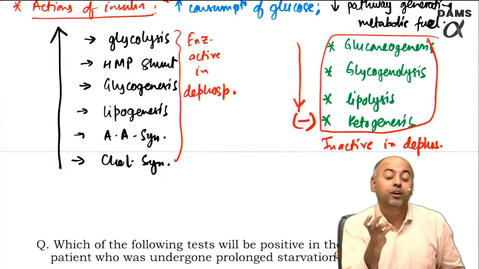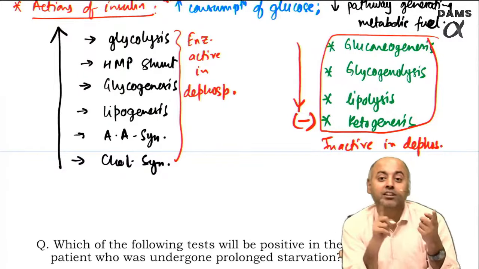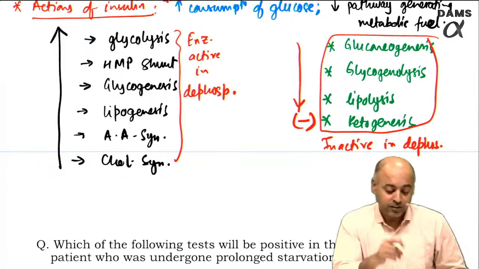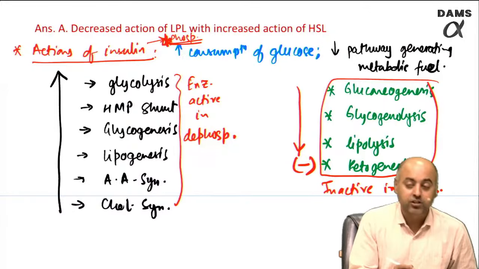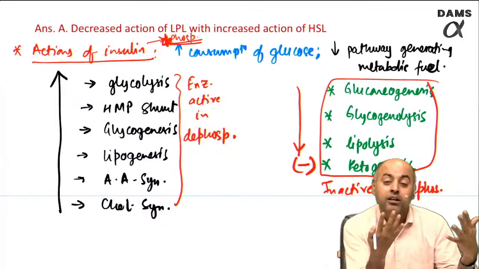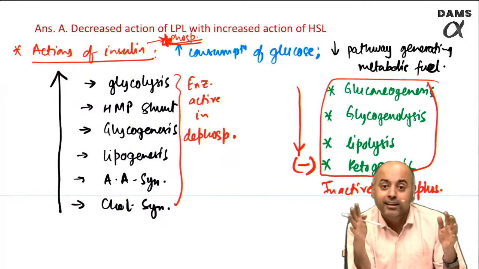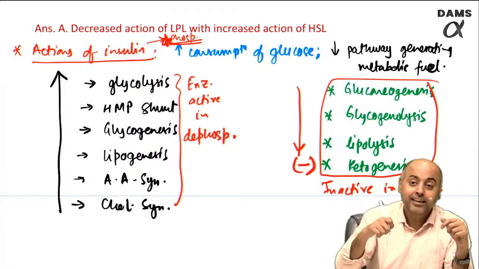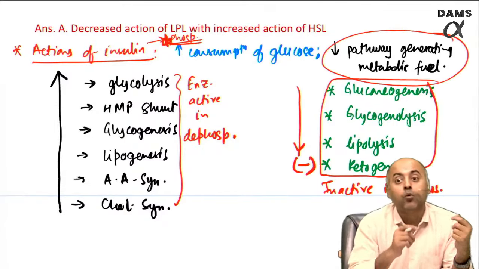So very commonly we get the question, which of the following enzymes is active in the phosphorylated state, which of the following enzymes is active in the dephosphorylated state. So remember, broadly insulin will cause dephosphorylation. So pathways which are activated, their enzymes should be active in the dephosphorylated state, that is the action of insulin. On the other hand, enzymes which are inactivated in the dephosphorylated state will be part of pathways which are down regulated.